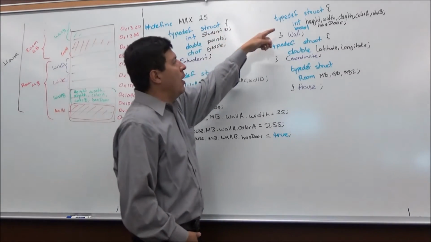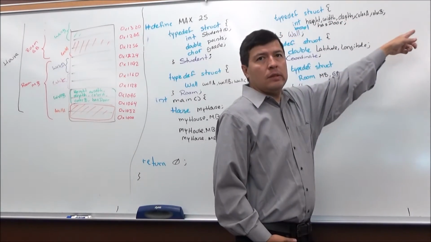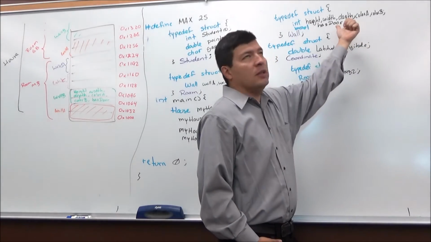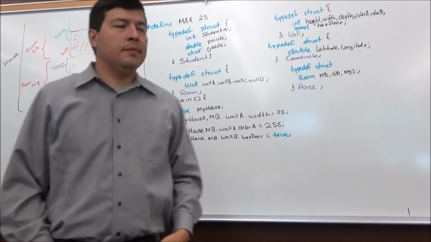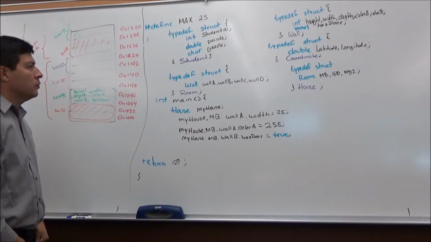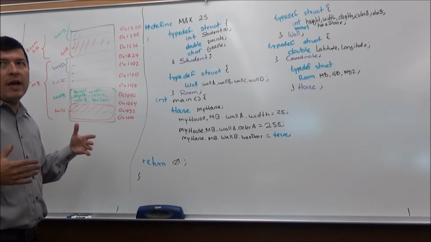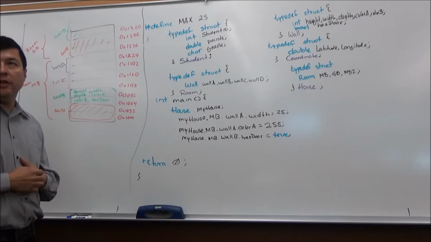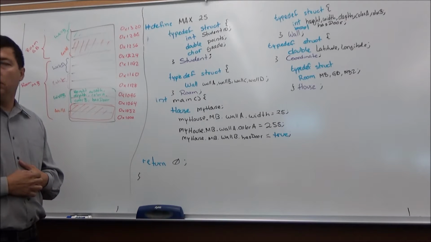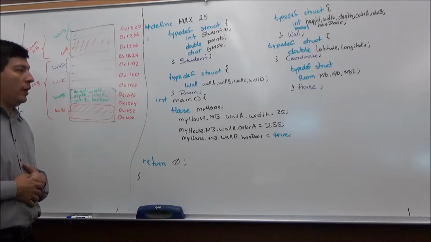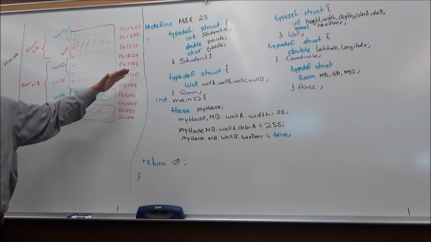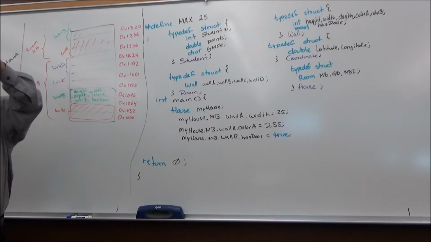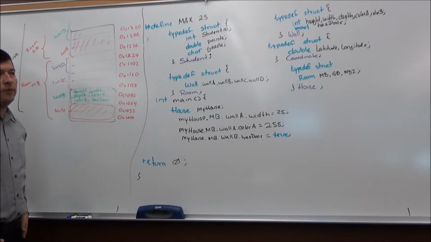So I'm going to need 12 times 5 ints, and 12 times 1 boolean. So it's going to have 62 integers and booleans, and they're all going to go next to each other in the RAM. So it's going to grab that big chunk just for one object.